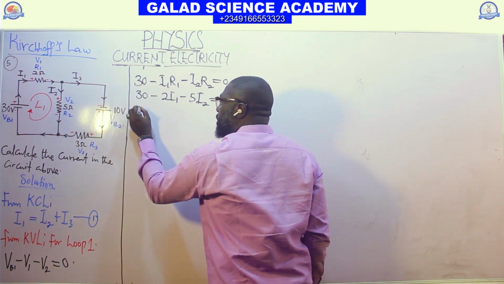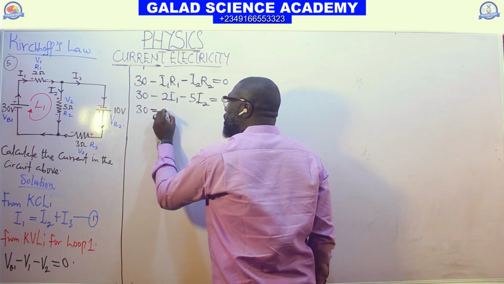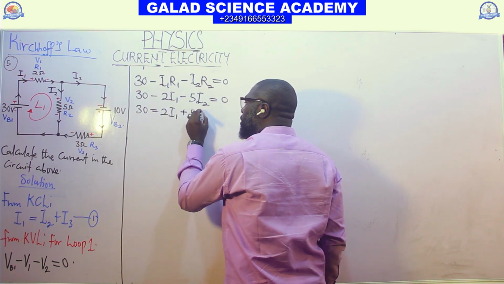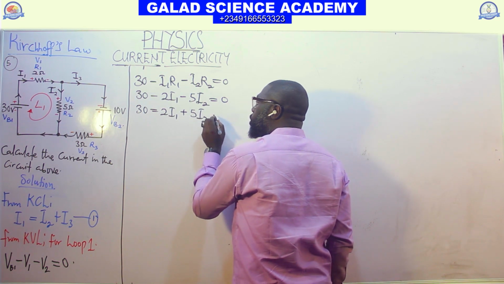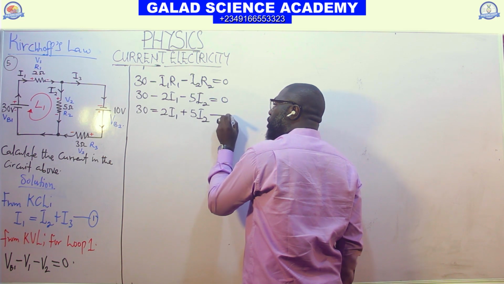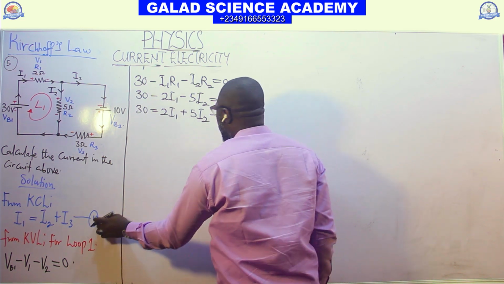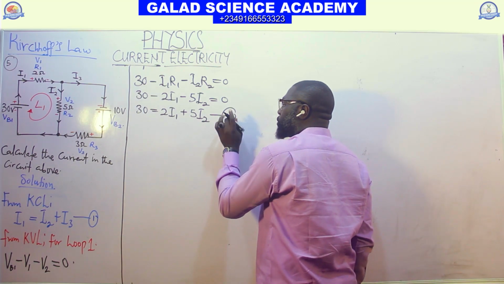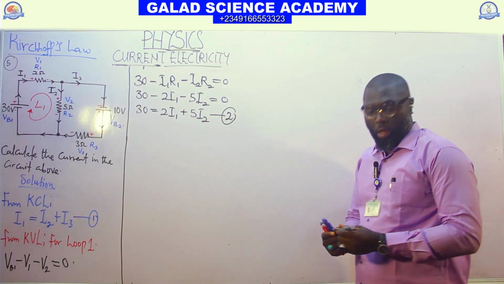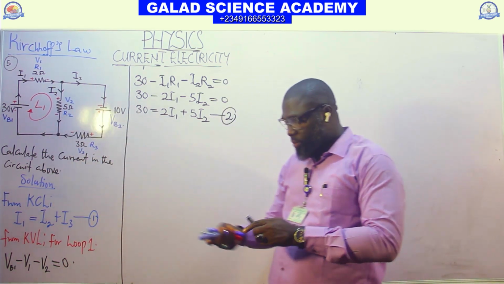By rearranging it, we have 2I1 plus 5I2, everything equal to 30. Sorry, we have equation 1 here. Call it equation 2. We use loop 1 to get equation 2.